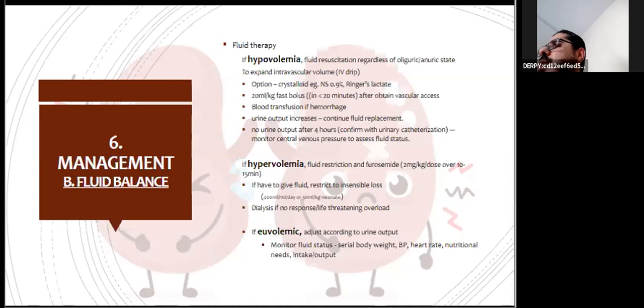if we are not inserting a catheter, we ask the nurse to weigh the dry diapers and weigh every time after urination, and we take the difference. So the dry diaper we subtract from the wet diaper, and normally 1 gram of urine equals 1 milliliter.